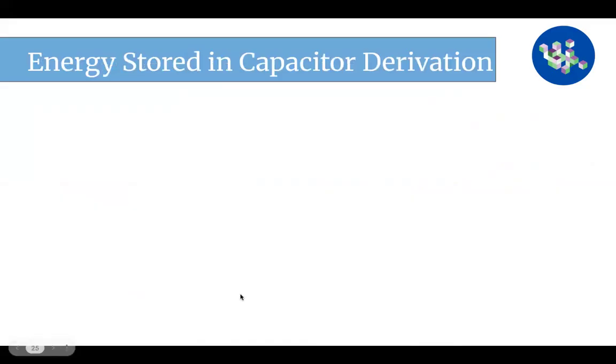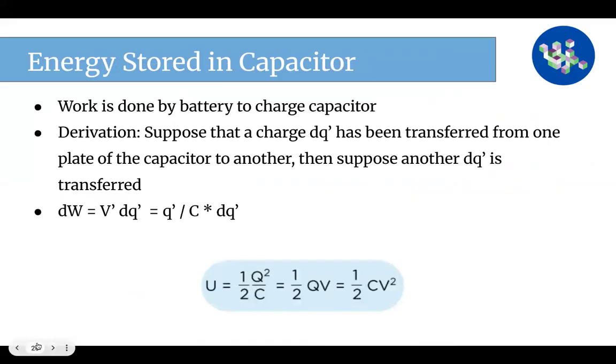Energy stored in a capacitor. I'll go over this one quickly because we're running low on time. Remember, the infinitesimal work done, by definition of potential, is dW equals V dQ. By the definition Q equals CV, we have dW equals this.